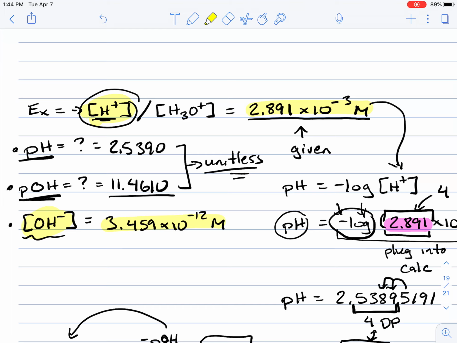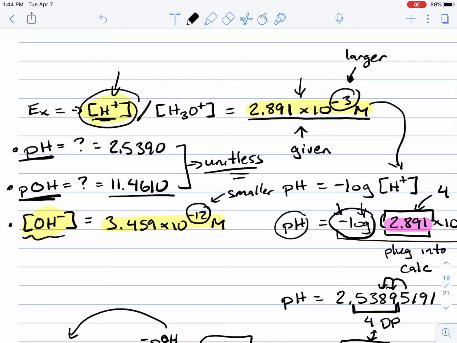Which of these two values that I highlighted is going to be larger? If you said the concentration of H plus, then you're absolutely right. Negative 3 is closer to 0 than negative 12, making negative 3 larger than negative 12. So negative 12 is smaller.